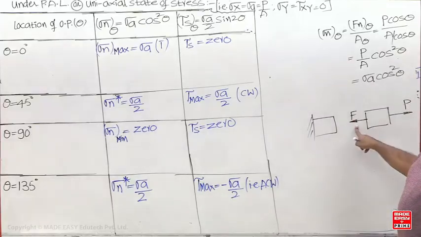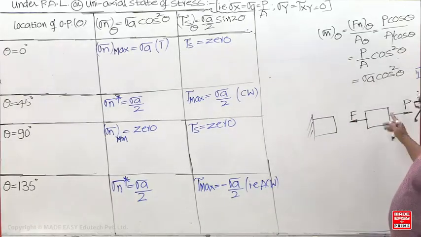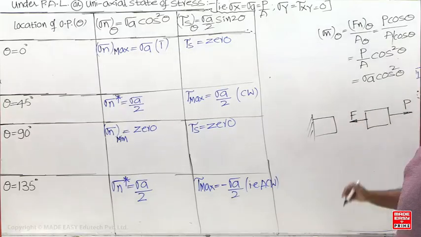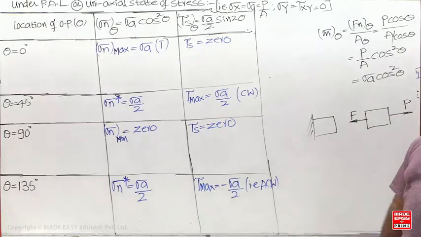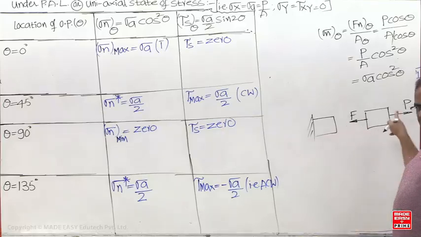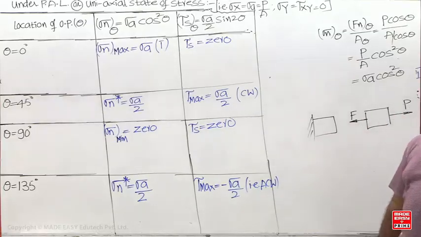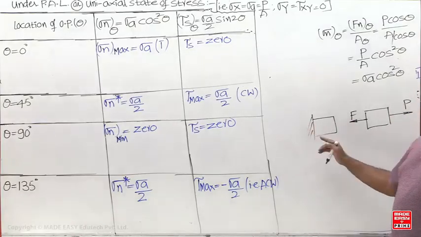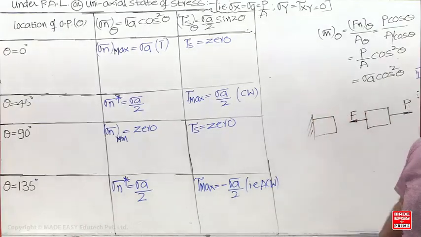Both are opposite only. This is acting away from the cross section, and this is also acting away from the cross section. Is it a compressive load or tensile load? Tensile only. Compressive means towards. Opposite means it's not compressive. It may be towards the right side or towards the left side, but this is also a tensile load, acting away.